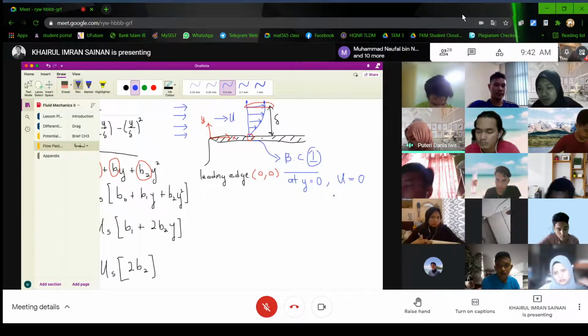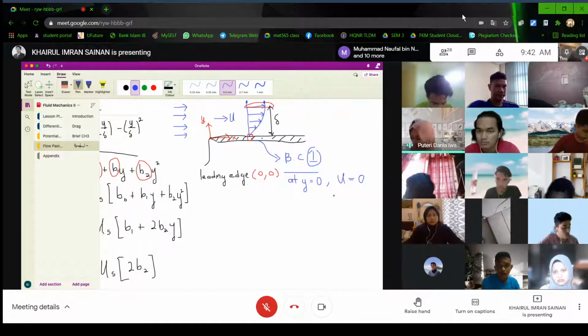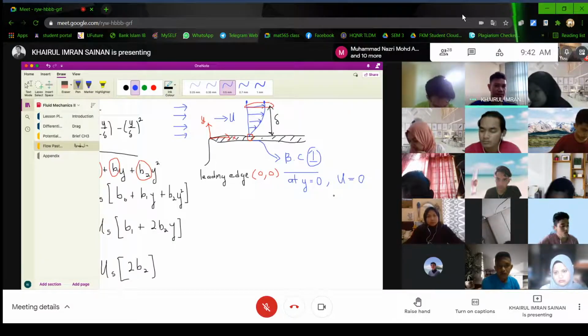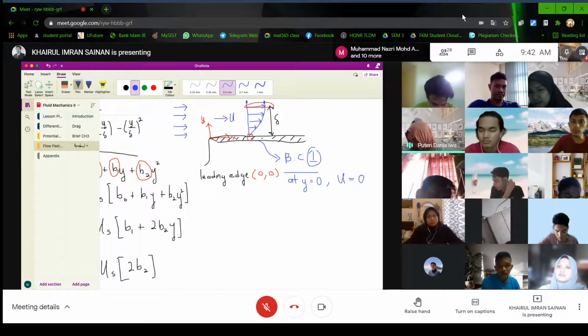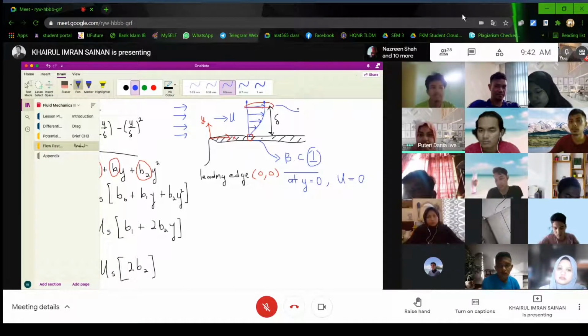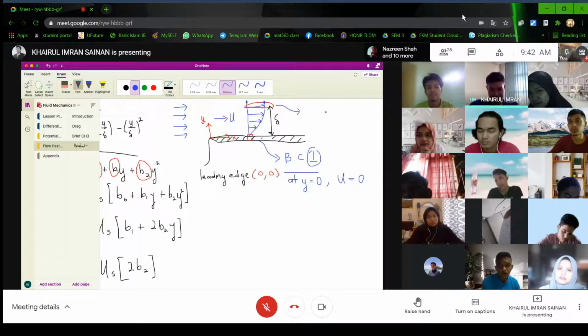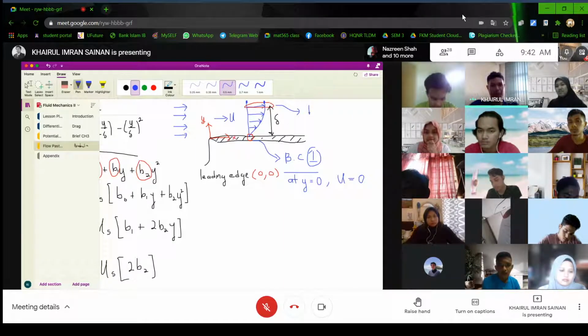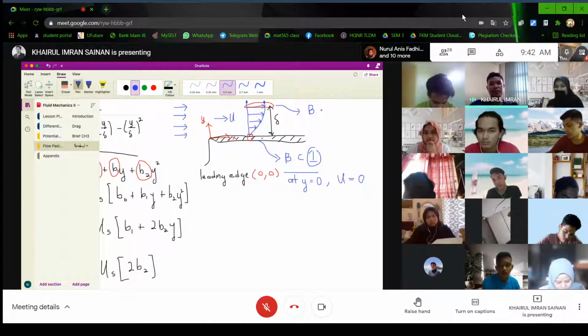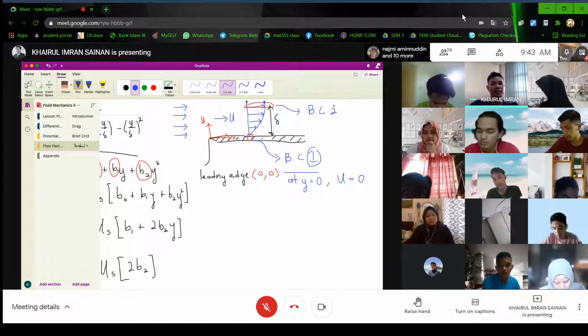BC2, at y equals to h. At y equals to h, U equals to U max. Almost correct, but we're gonna use a different kind of representation. So what is the height here? Delta.